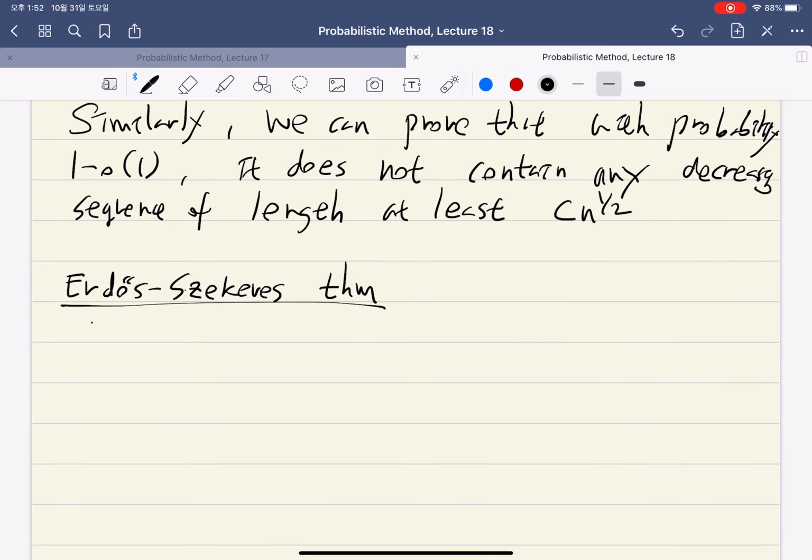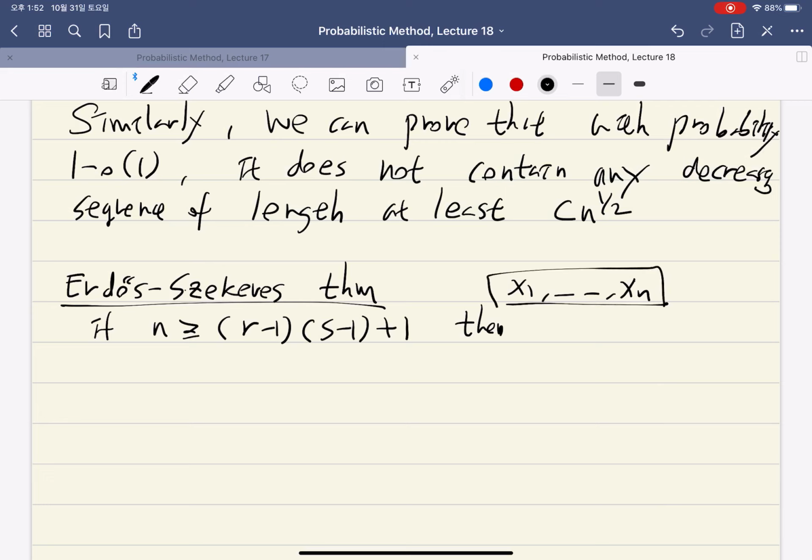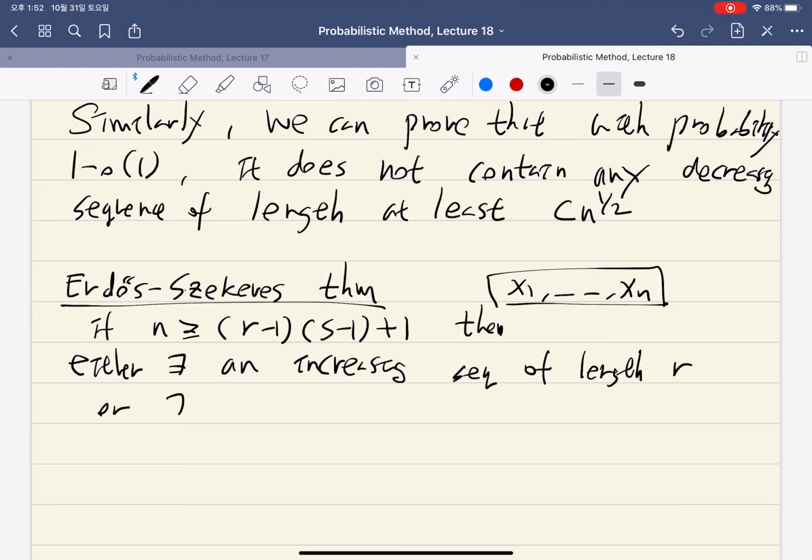It states that if n is at least r minus 1 times s minus 1 plus 1, then for whatever sequence of distinct real numbers, no two of them the same, either there exists an increasing sequence of length r, or there is a decreasing sequence of length s.